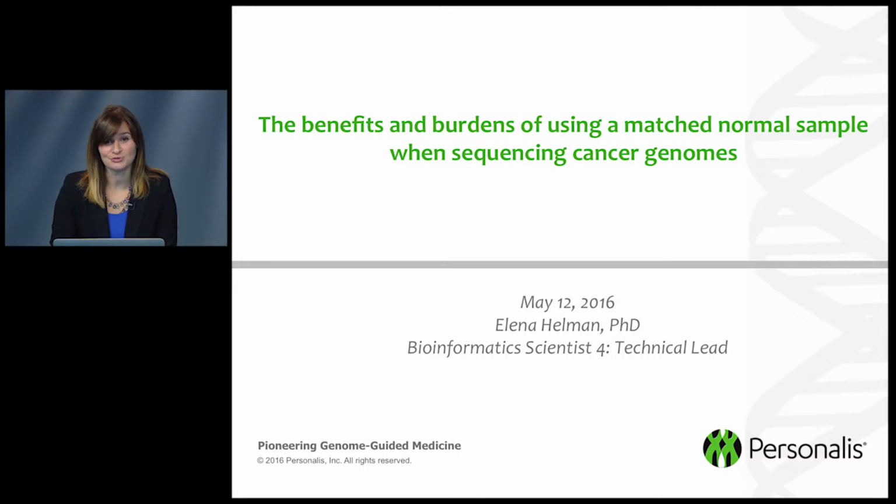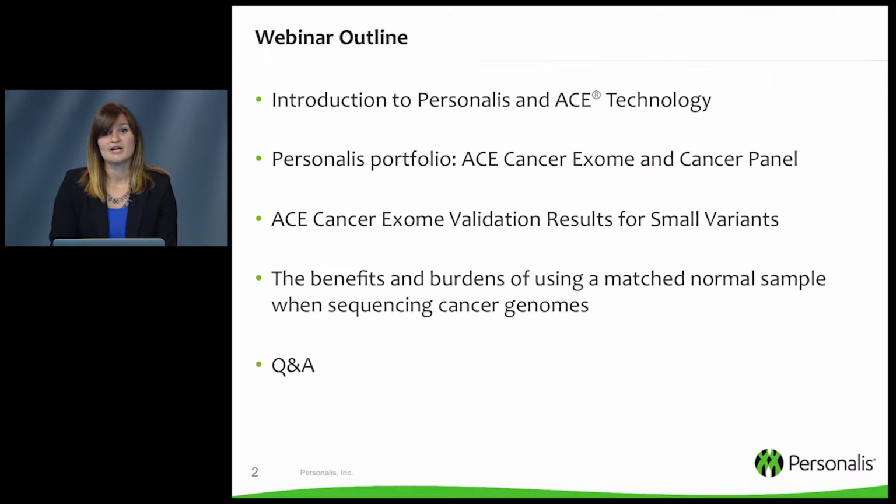Thank you, Toby, for the introduction, and thank you to everyone for tuning in with us this afternoon as we discuss our investigation of some of the benefits and the burdens of sequencing a matched normal sample when assaying a cancer genome. Now, I'll start first with an overview of Personalis, who we are, what we do, and describe our proprietary ACE sequencing technology.